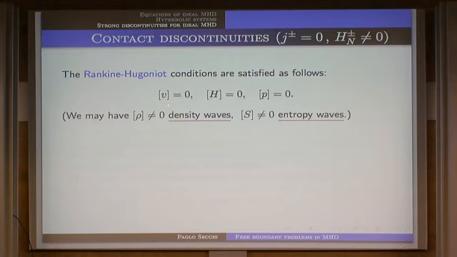So there is continuity of the velocity, continuity of H, continuity of the pressure, but if you think that the pressure is a function of rho and S, P can be continuous even with a jump of rho and S. If they are discontinuous in the right form, we have that rho has a jump, and we speak of density waves propagating along this front, or a jump of S. So another possible name is entropy waves.